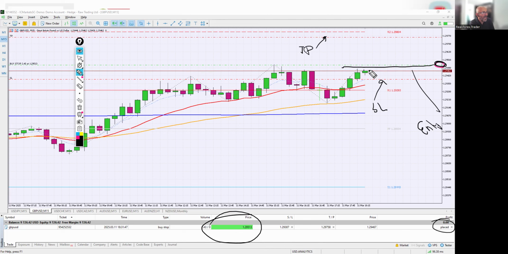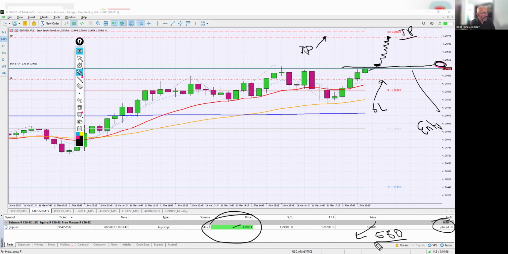If this candle or coming candles reach this price line, it will trigger my trade. I am in the market. And if it continues going up, boom, it hits my take profit, and that is my money, in this case around $580 something. But that is positive.